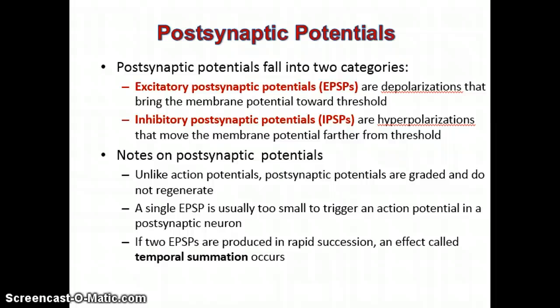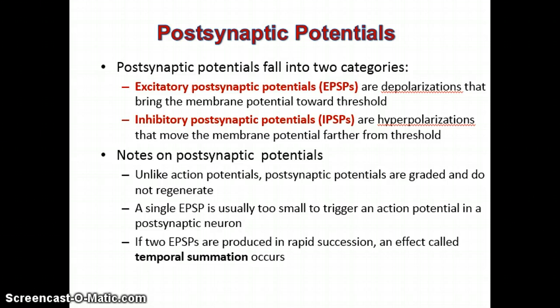For example, a single excitatory postsynaptic potential is usually too small to trigger an action potential in that new neuron. So we need a number of these occurring at the same time, or having them occur in rapid succession. And the more that we have occurring, or the more quickly these EPSPs are occurring, the greater the response is going to be, and the more quickly we're going to get a response in that new neuron.